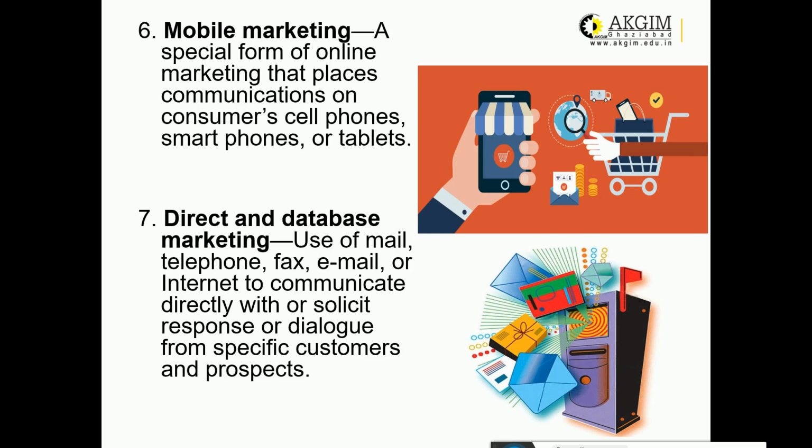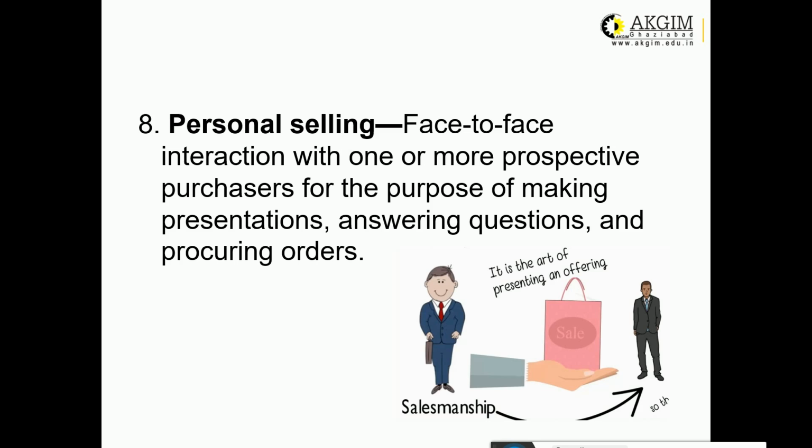Another tool is direct and database marketing, the use of mail, telephone, faxes, emails, or the internet to communicate directly with, or solicit responses or dialogue from, specific consumers and prospects. Personal selling is face-to-face interaction with one or more prospective purchasers for the purpose of making presentations, answering questions, and procuring orders.